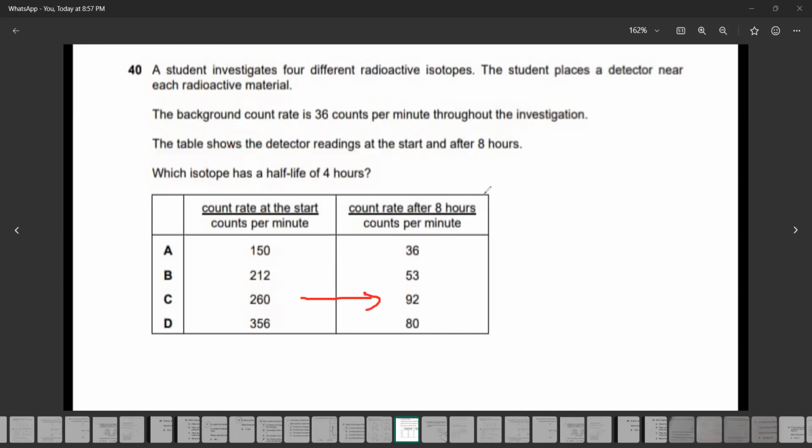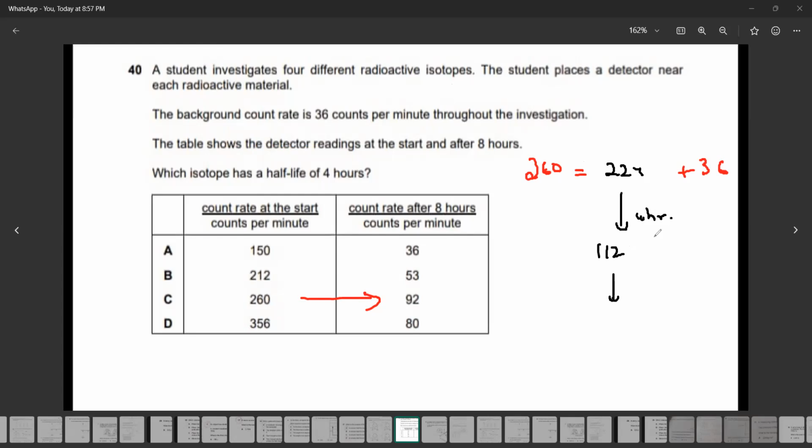Then we check C. We have 260 counts and out of 260, 36 are due to background. So how many are due to the source? 224. Then after a half-life, 112 after 4 hours.